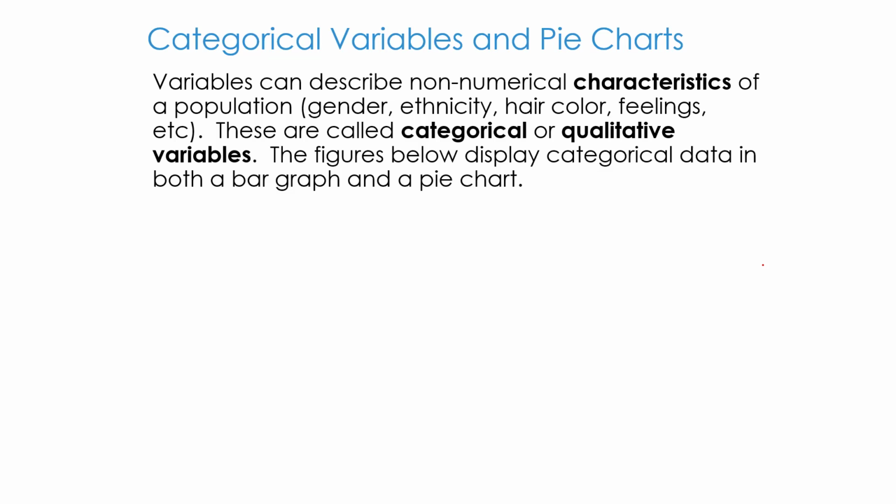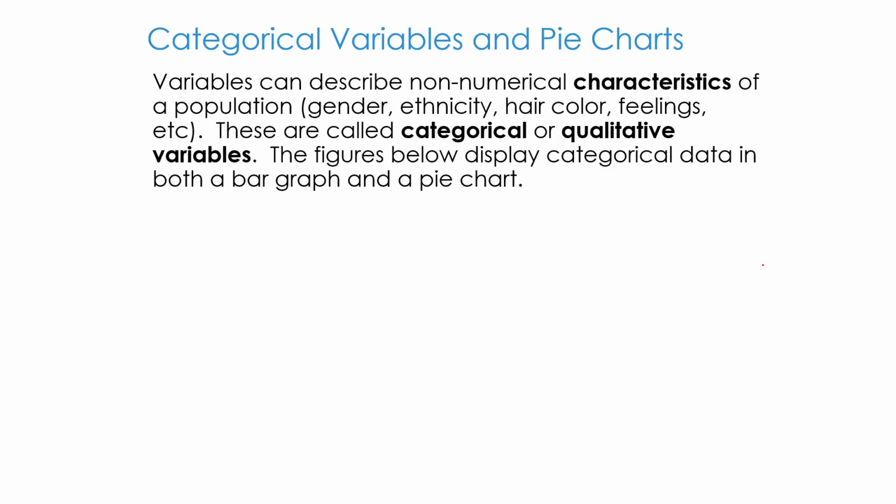Categorical variables and pie charts, right? So another common chart that you will see when people want to display their information is a pie chart instead of a histogram. Now, in a circle, there is a total of 360 degrees.